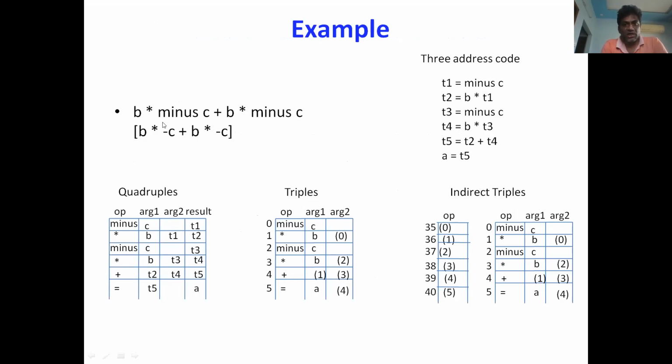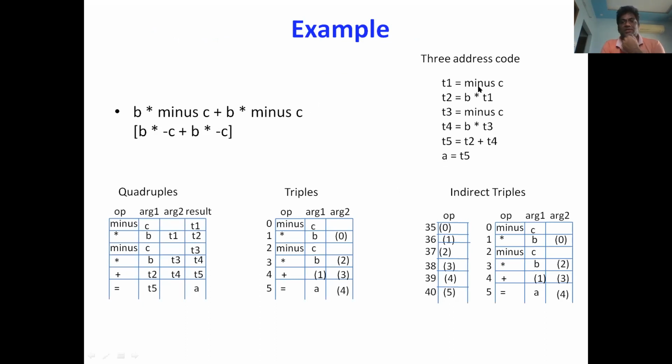And this is the expression I am considering: b into minus c plus b into minus c. This is the expression, and the corresponding three address codes will be like this. I'll take minus c because it is the common sub-expression.